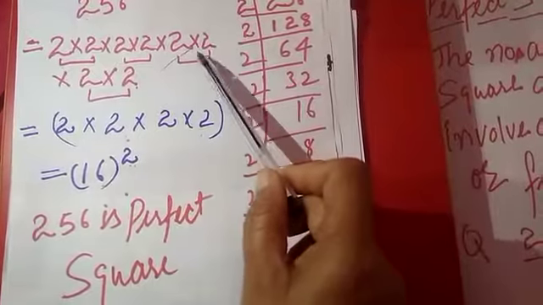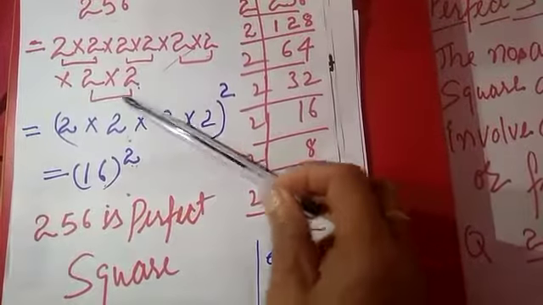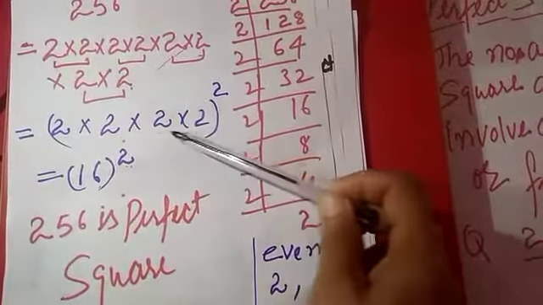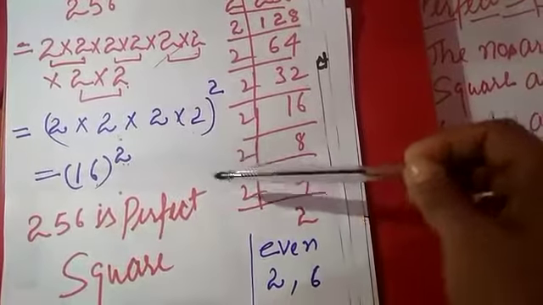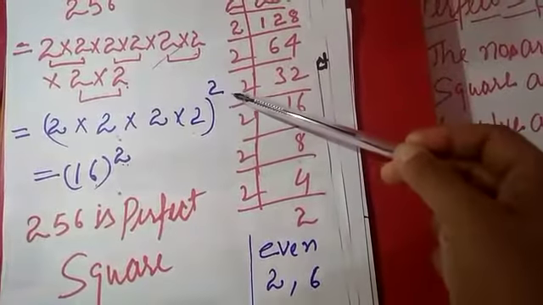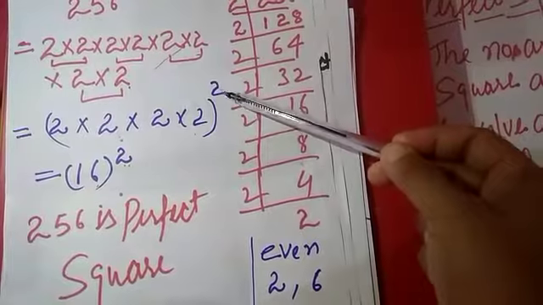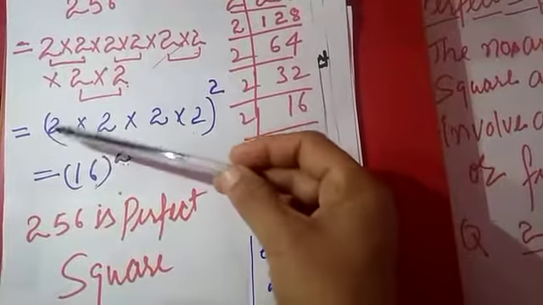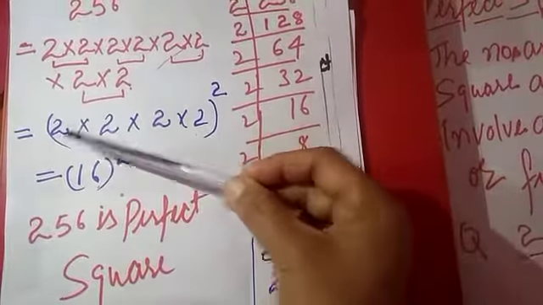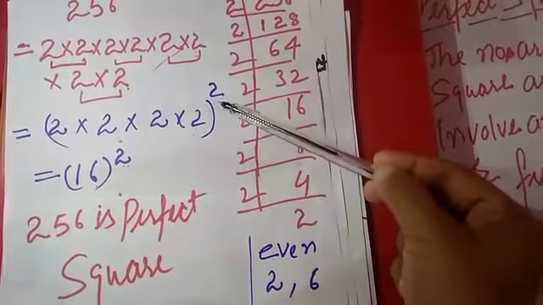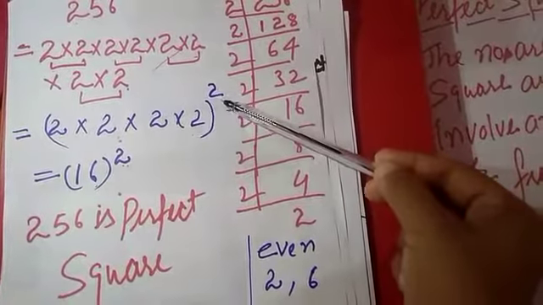So a pair will give us a single digit. In this way I take four 2's and write 2 power 2, which is the square of the common 2. This 2 is twice, this 2 is also twice.